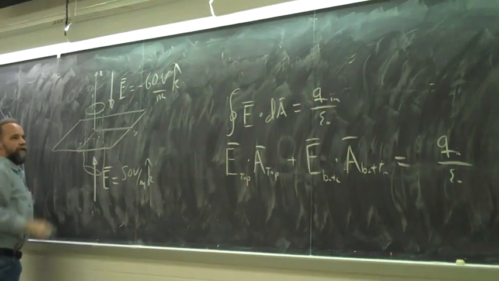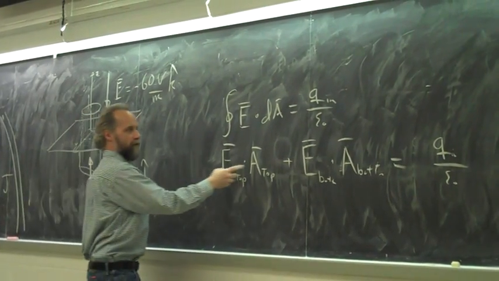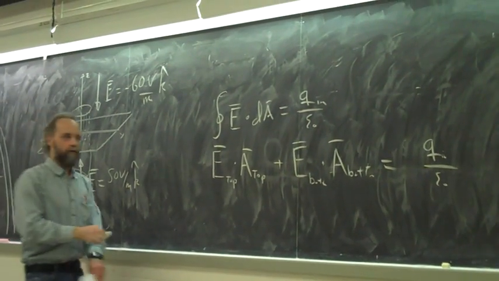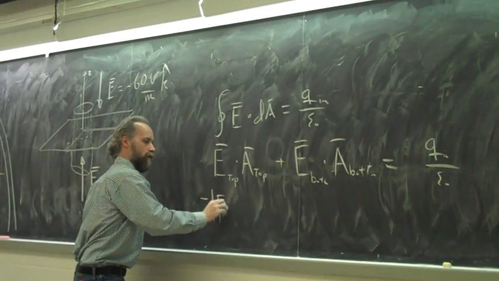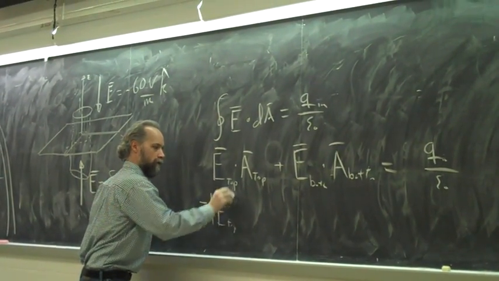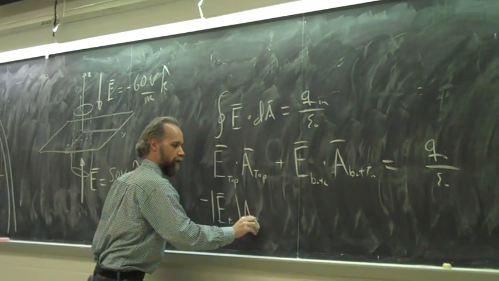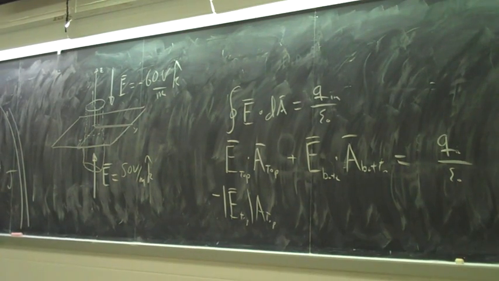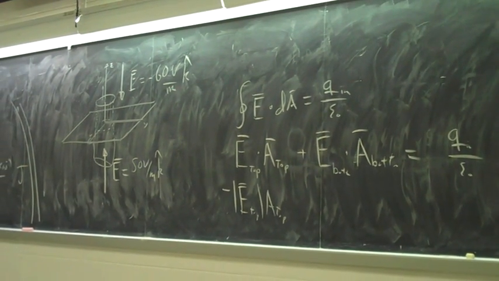These are in opposite directions. So when I take this dot product, it's the length of this, the length of that, times the cosine of 180. So this is minus the magnitude of E on the top times the area of the top. No vectors now. Where did the minus sign come from? It's the cosine of 180. They were pointing in opposite directions.